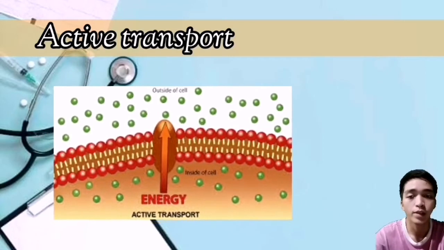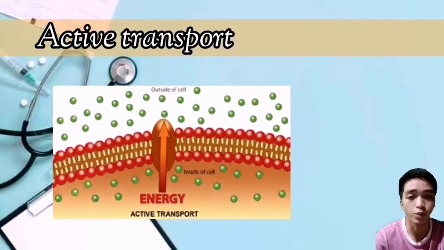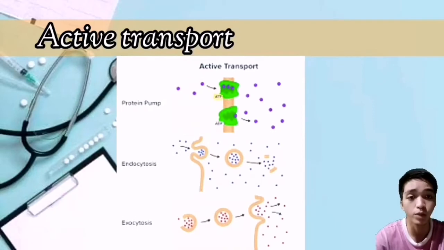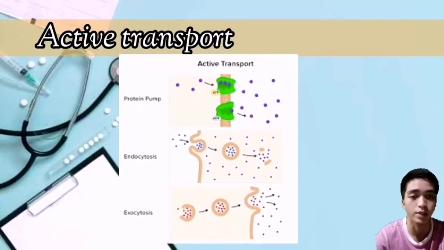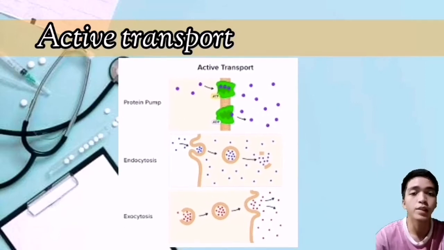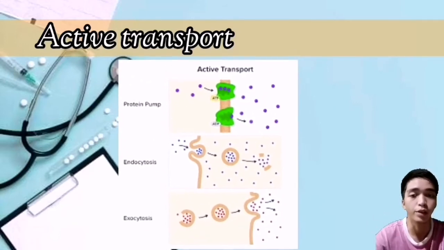The best example of active transport is the sodium-potassium pump. More sodium ions exist outside the cell than inside, so the natural tendency would be for sodium to diffuse across the cellular membrane into the cell.